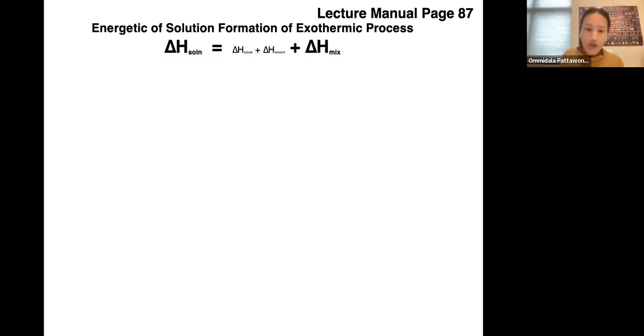In this one, I'm going to focus on the scenario where all these add together and yield an exothermic process, which means that the delta H of the solution will come out to be a negative value.